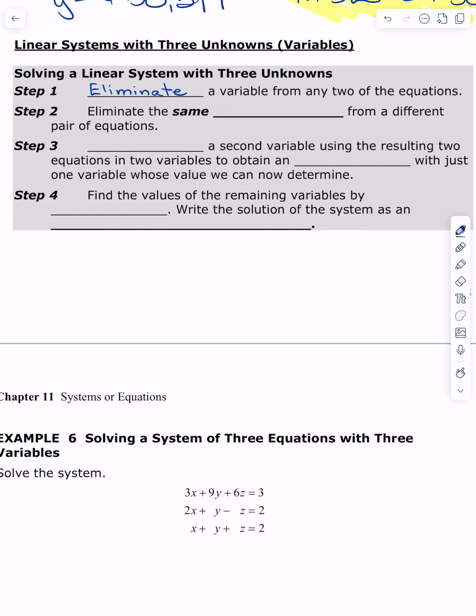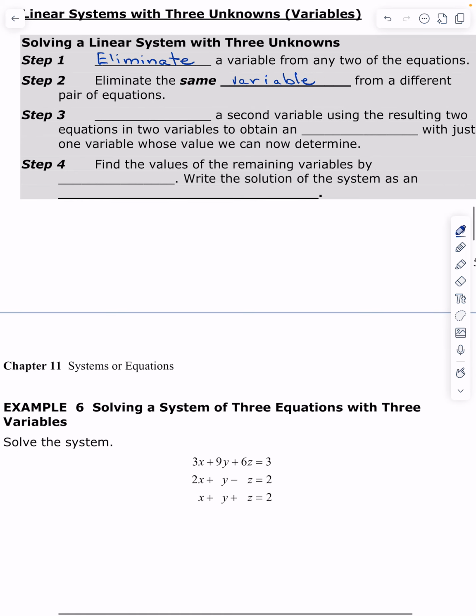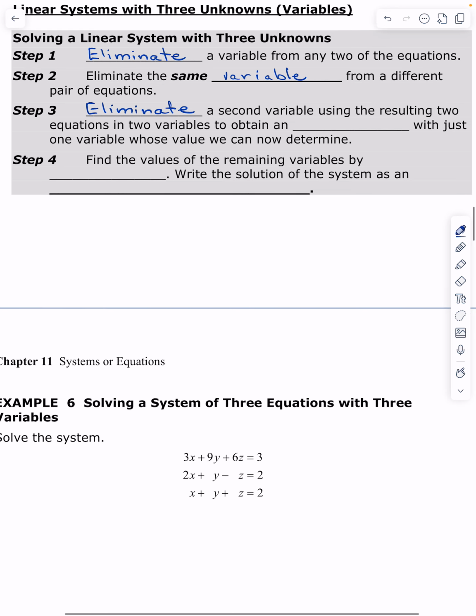Then we're going to eliminate the same variable from a different pair of equations. We're going to eliminate a second variable using the 2 equations we've just created. That way we can make an equation with just 1 variable.